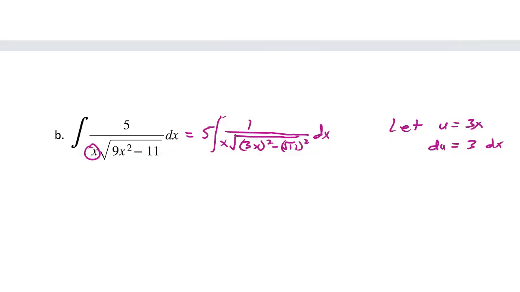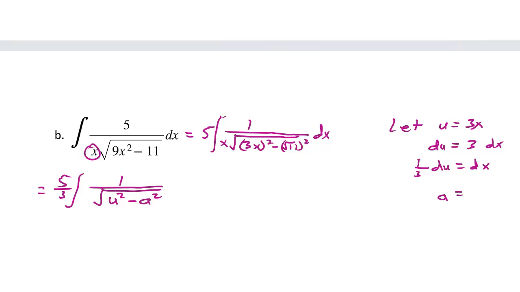There's no 3, so we've got to do the 1/3 on both sides. We'll multiply that times the 5. So we're going to end up with 5/3 times the integral of 1 over the square root of u squared minus a squared. So our a is going to be root 11.